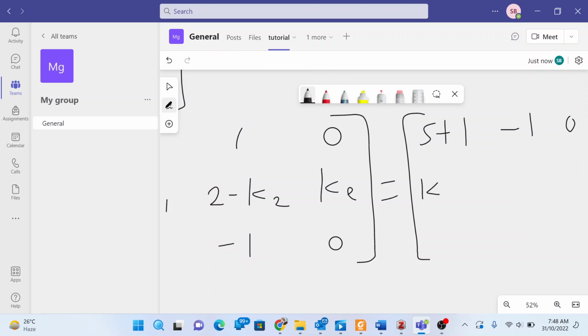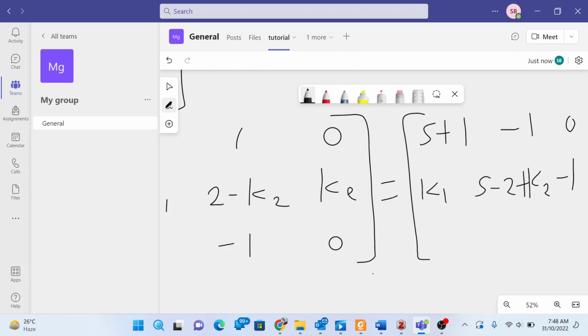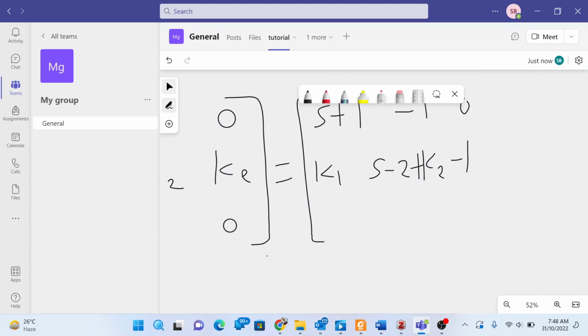Then this is K1, this is S minus 2 plus K2, then this is minus KE, minus KE, while this one is 1, this is 1, and this is S.